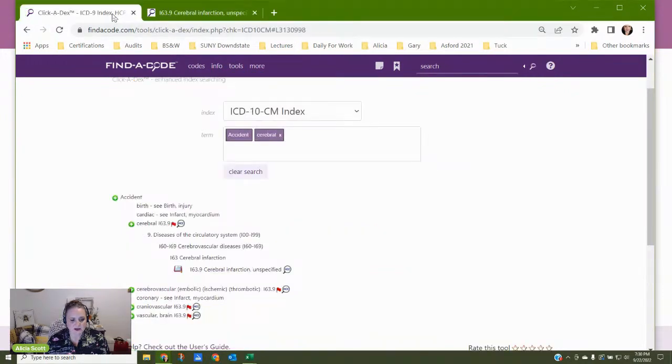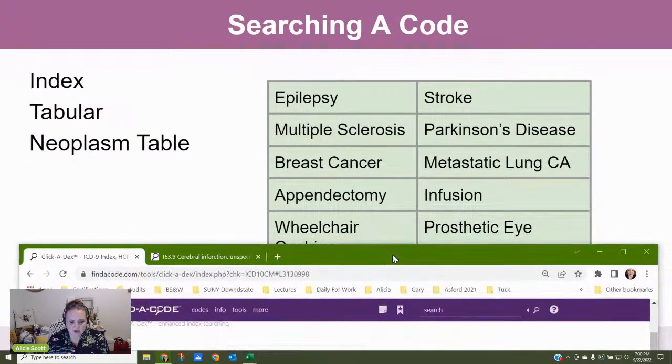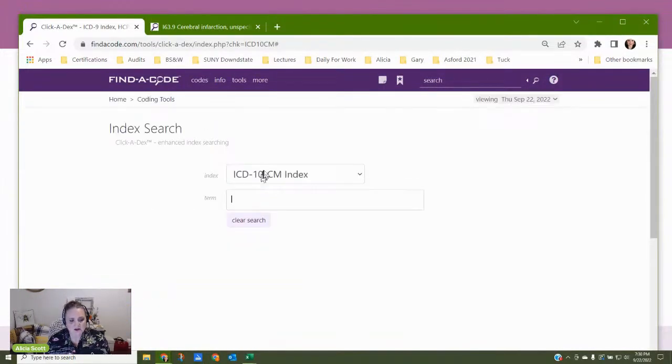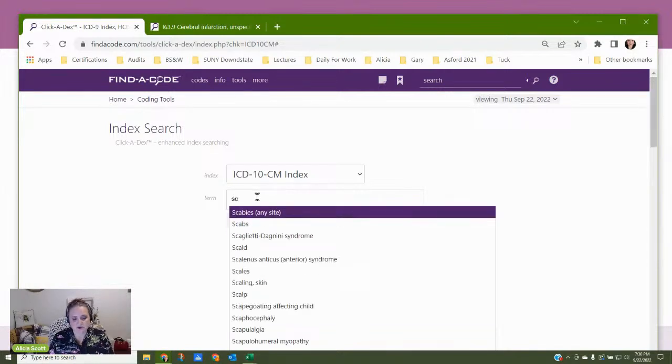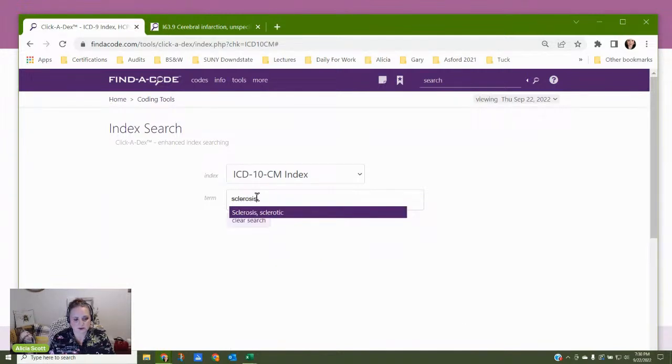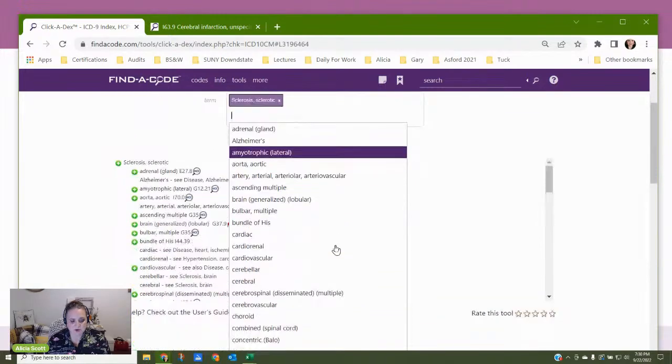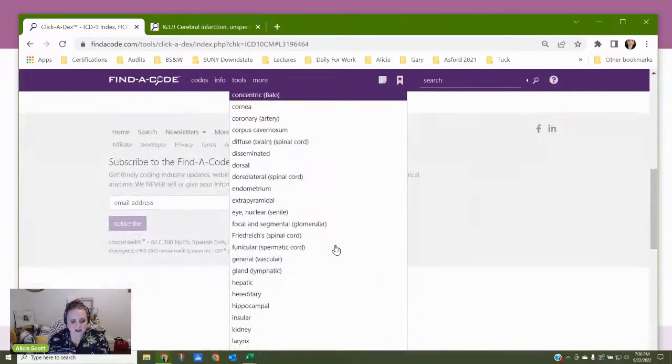All right. Then let's see if we now want to look up multiple sclerosis. I purposely picked diagnoses that are going to give us interesting things to look up. So we don't look up multiple, we look up sclerosis. So sclerosis or sclerotic, and multiple is how that's divided up.